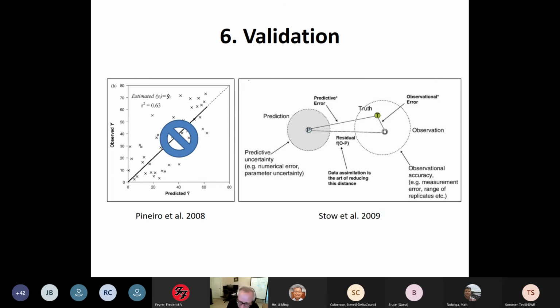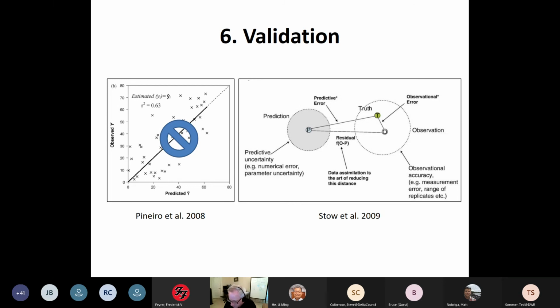And people don't like this, but data are another model. They have some distance from truth. So we have the prediction, we have the observation, and we have the residual from that. But the prediction error is the prediction from truth, which we haven't observed. You always have to keep that in mind when making these comparisons.